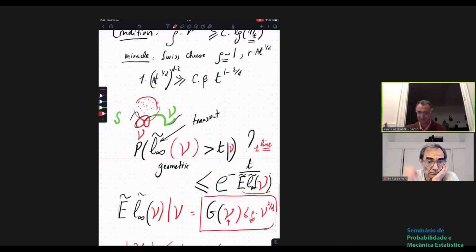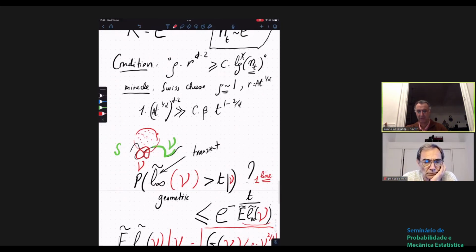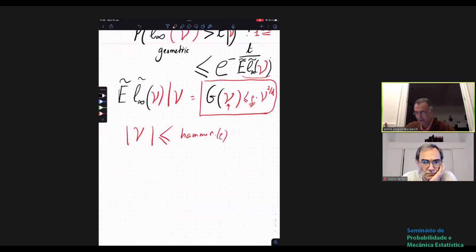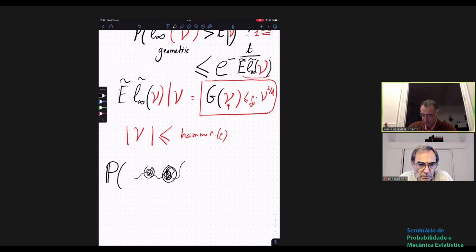The hammer. So let me tell you what everything boils down to. All these folding problems at the end have the same issue that has to be solved: to understand the probability that a random walk folds. By folding, I mean spending a large time in some balls of some scale.